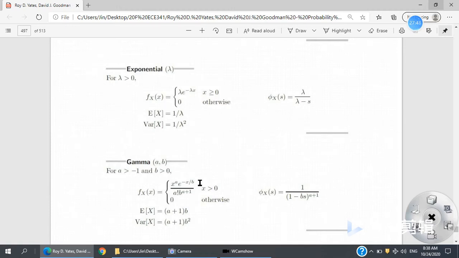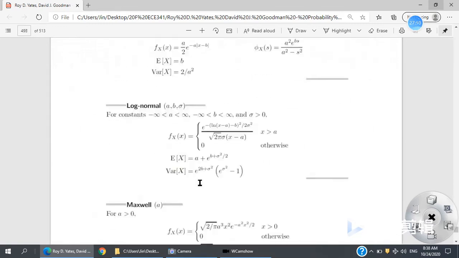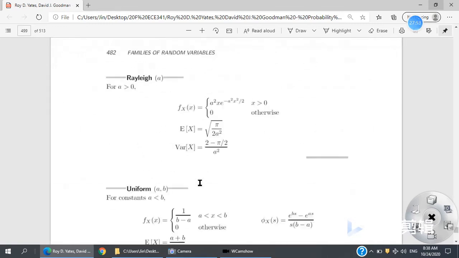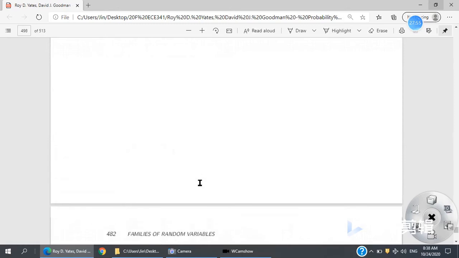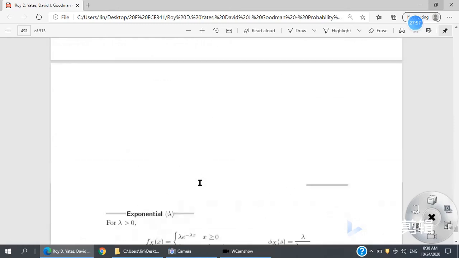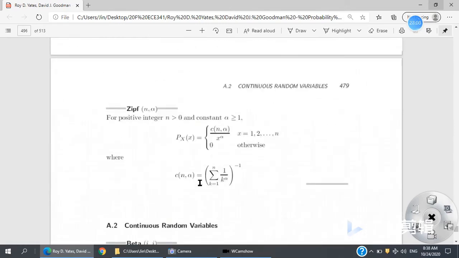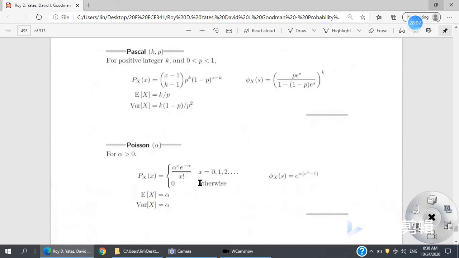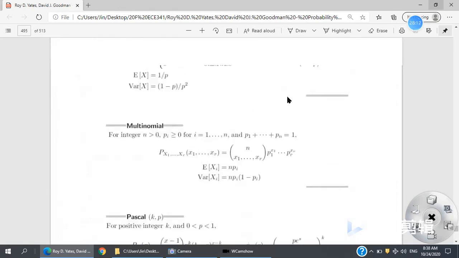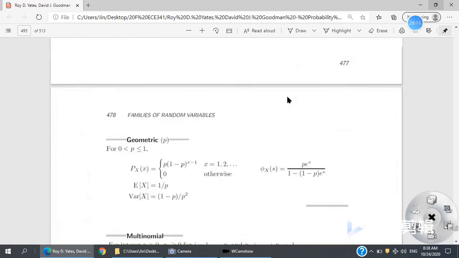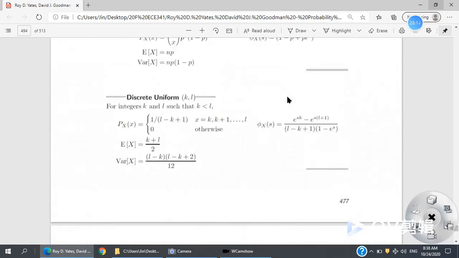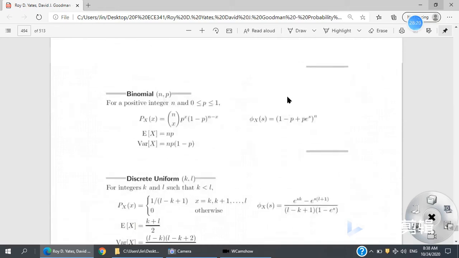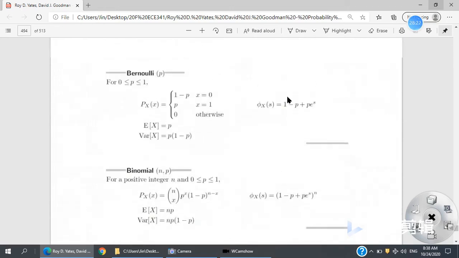All right. Exponential, then Gaussian, then the uniform. For continuous, we have these three, and for discrete type, we have Poisson with alpha, then geometric, discrete uniform, then binomial, then Bernoulli.